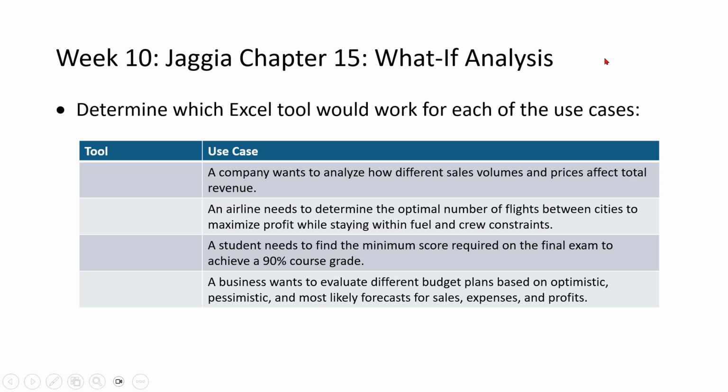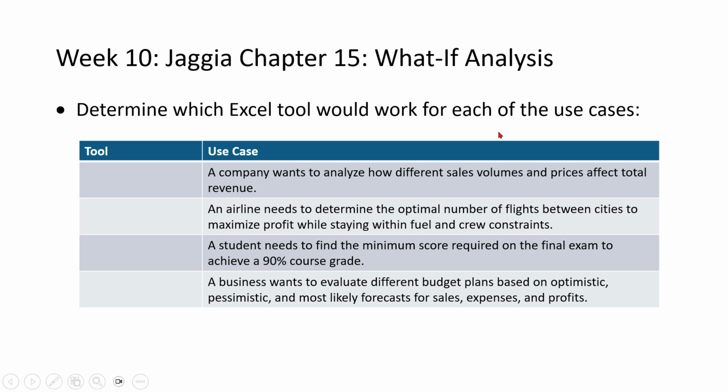So one of the ways in which you can think about it is to use this set of use cases and try to think, which of these tools might I use to work with these questions. So in the first example, a company wants to analyze how different sales volumes and prices affect total revenue. If I have the sales numbers and the prices, there are ways in which I might be able to use these tools to help ask what-if types of questions.